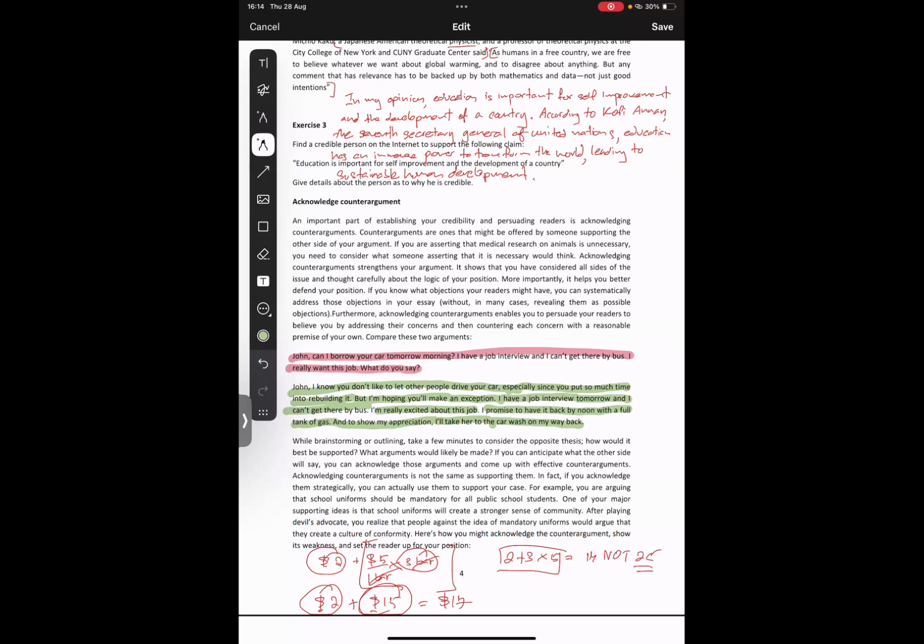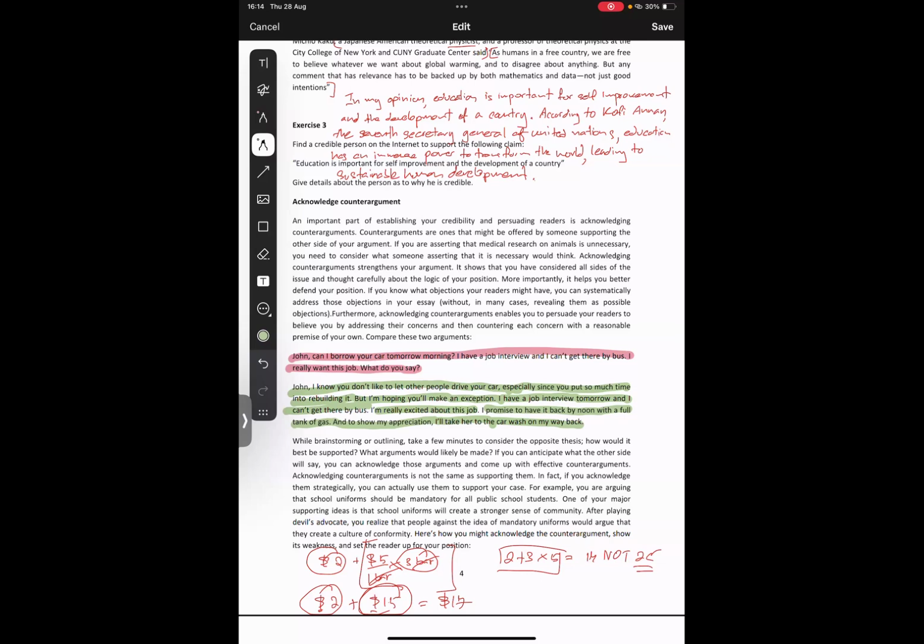The other one assumes John is on a different side, and he's trying to pull John toward his side. So he has to show John that he actually understands what John is thinking as the owner of a car, all right? John probably doesn't want people to use his car because he puts so much time and effort into making it nice. So he realized that.